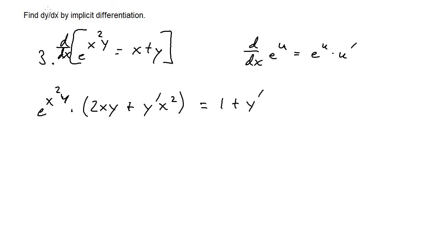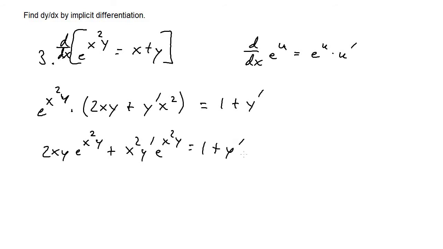Now we need to find dy dx or y prime, so before I do that I need to go ahead and distribute e to the x squared y into the parentheses. So we'll get 2xy times e to the x squared y, and then plus, I'm going to go ahead and rearrange those two terms. So we get x squared y prime times e to the x squared y, and that's going to equal 1 plus y prime.